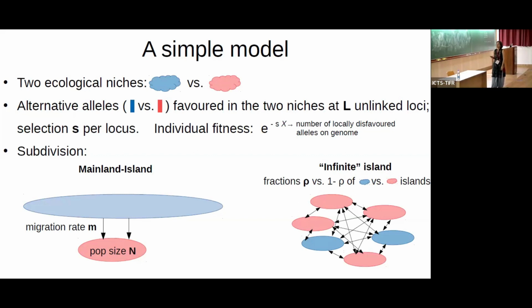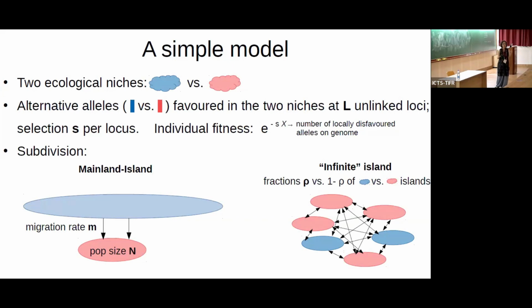So let's imagine that we have two ecological niches represented in these blue and reddish tinges. And I'll describe in a minute how these ecological niches are distributed across space. And let's imagine that alternative alleles are favored in these two ecological niches at several loci, so let's say L loci.